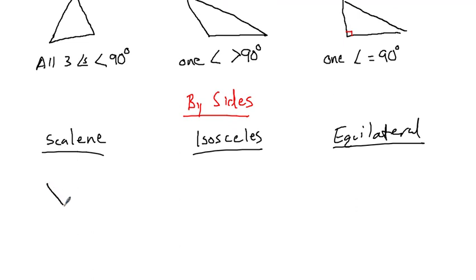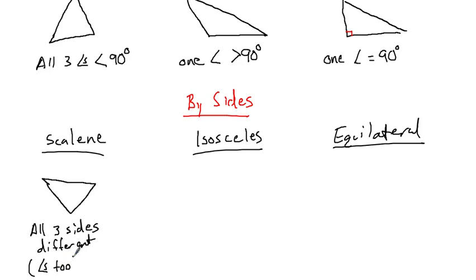Remember, a scalene is where none of the sides are the same. So we want to say all three sides are different. And even though it's not part of the definition, just so you'll know, that means the angles too. All three angles are different.